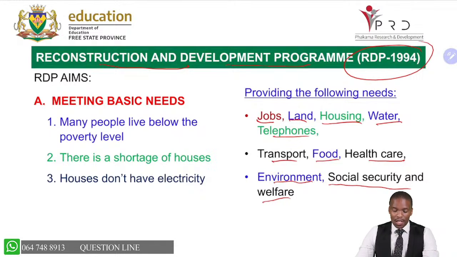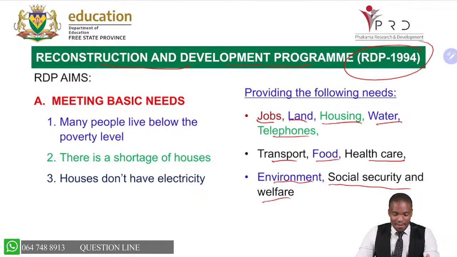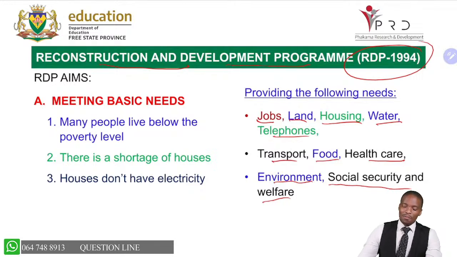The issue of phones, the issue of transportation from point A to point B, food because of the poverty line, healthcare should also be covered, environment should also be protected, and we need to achieve our economic equity through what we call the social security welfare. So those are the basic needs that the government said we need to meet when they established this policy in 1994.